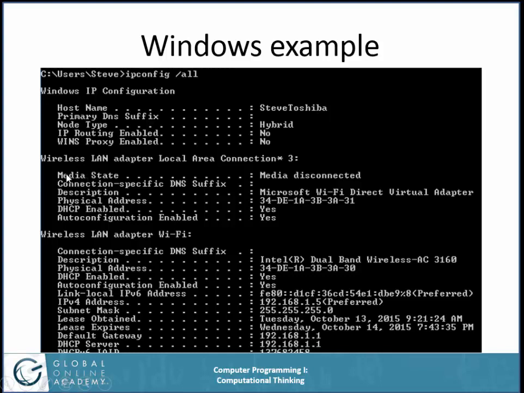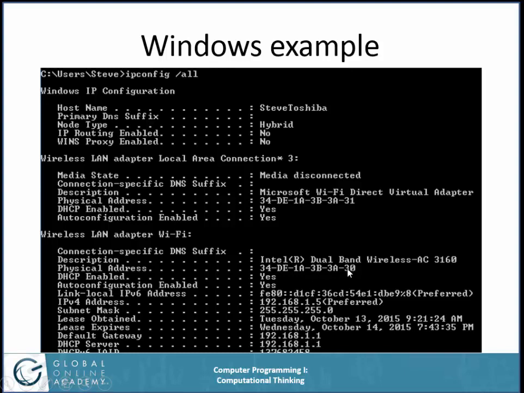And it says that for this particular wireless adapter, for every wireless adapter that's there, it gives information. This is the one that's being used. I've got a physical address. That's my MAC address. Remember, we said those were 48 bits long.